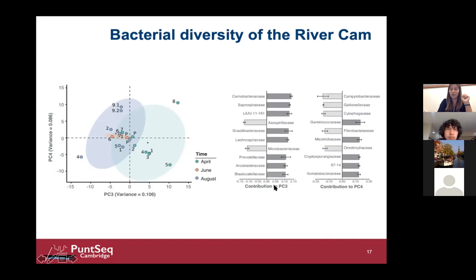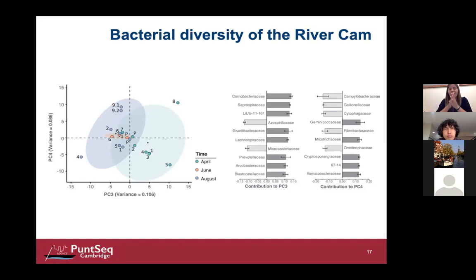So if we look into the contribution to principal component 3, we see the top bacterial families, Carnobacteriaceae and Saprospiraceae, and these are bacterial families that are known to occur more often in relatively colder environments.